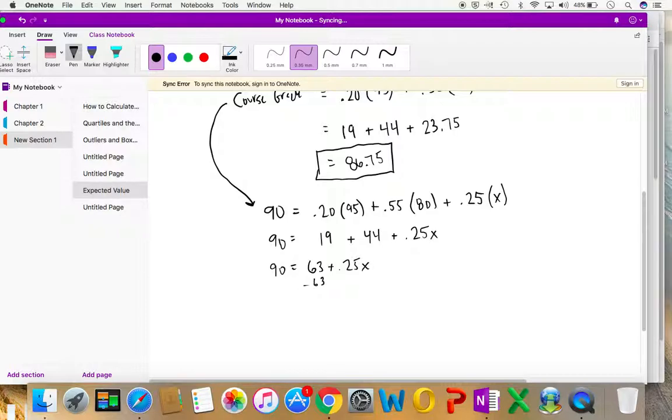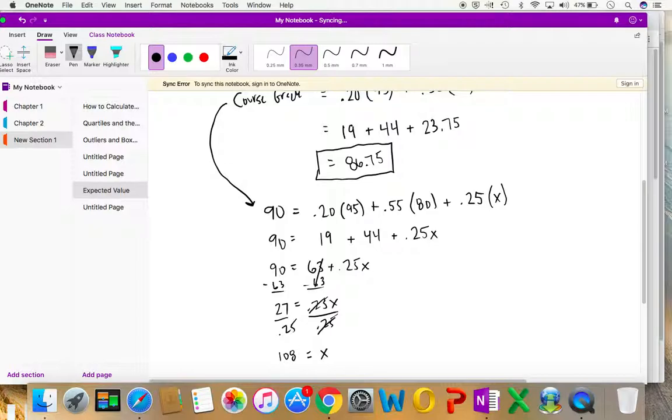Subtract the 63 from both sides. These will cancel, and we get 27 is equal to 0.25 times x. Divided by 0.25 on both sides, these will cancel. And again, we're going to do 27 divided by 0.25, and I get 108.